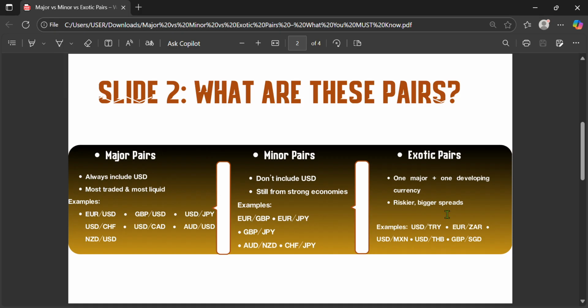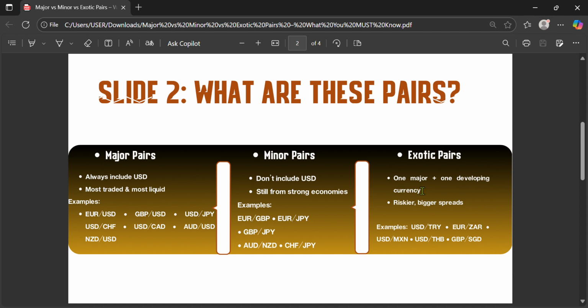Now we have the third one, which is the exotic pairs. An exotic pair has one major currency plus one developing currency. The major currency is, most times, the USD.